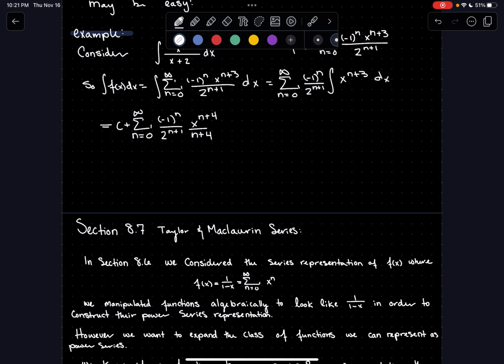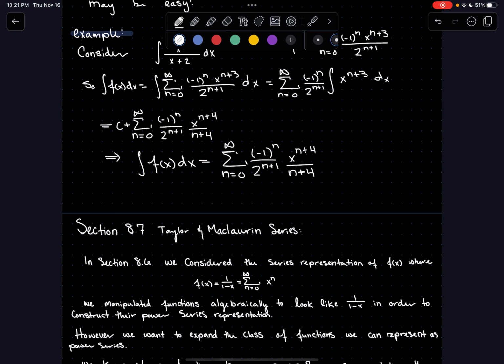So we get that the integral of f of x dx is equal to the sum from n equals 0 to infinity of negative 1 to the n over 2 to the n plus 1, x to the n plus 4 over n plus 4. Perfect.